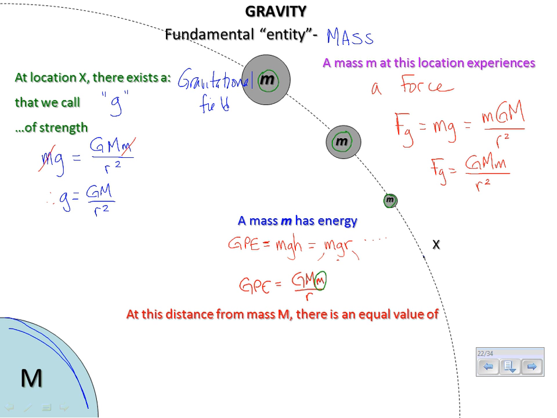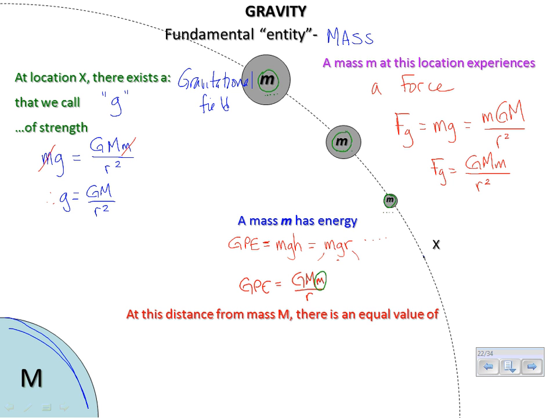But if we divide the gravitational potential energy of this one by its big mass, we get a certain quantity. If we divide the medium gravitational potential energy of this one by its medium mass, we get the same quantity. If we divide the little gravitational potential energy that that one has by its little mass, we get, again, the same quantity.